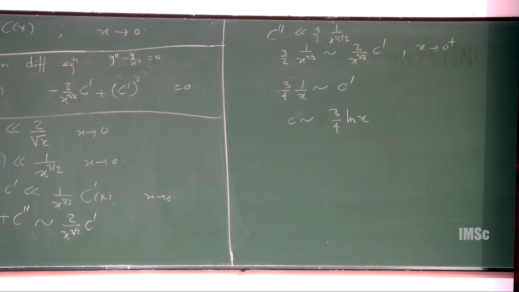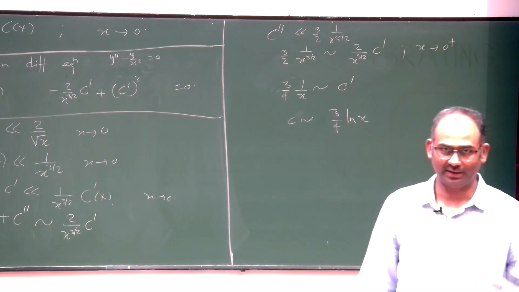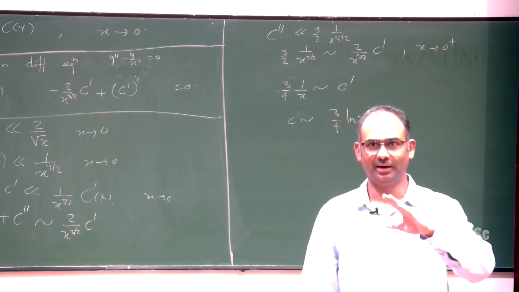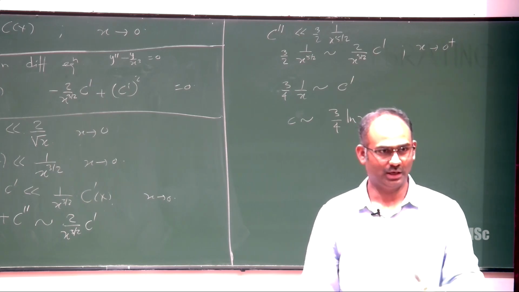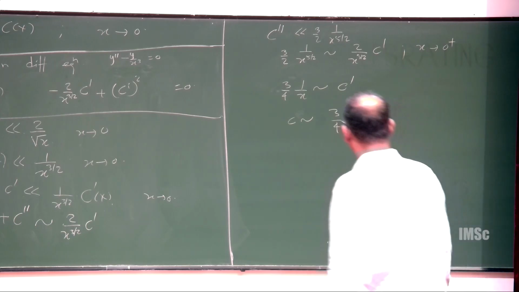So what I have done is, I started with y equal to e to the s. First I made a first estimate of s, it was 2 over root x and minus 2 over root x, that minus 2 over root x I am leaving out, I am looking at only one of the solutions. Then I refined the estimate and I said s I will take as 2 over root x plus some c of x. Now I have made an estimate of c of x and it turns out to be 3 over 4 log of x.